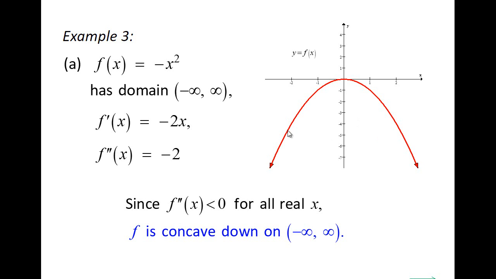The curve always lies below the tangent line at any point. So that's why it's concave down.